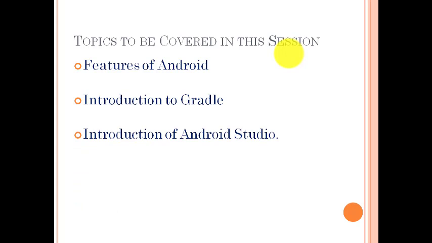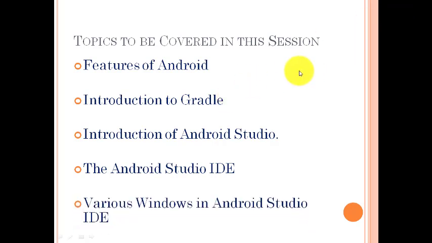In this we will see the basic structure of Android Studio, the IDE that is used for Android, the integrated development environment where we can develop our application. And the last one is the various tabs or windows in the Android Studio IDE.